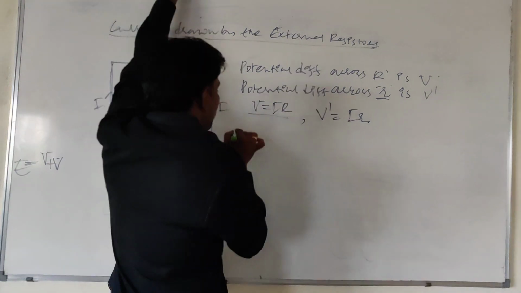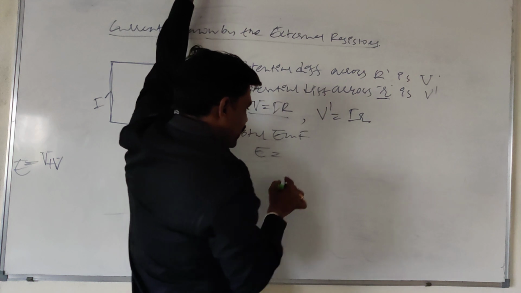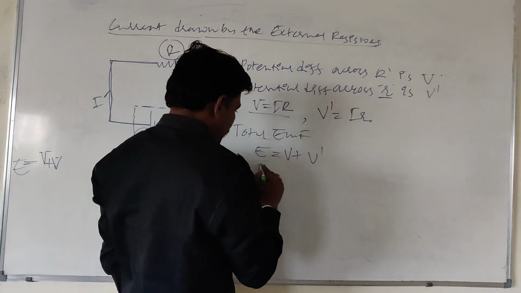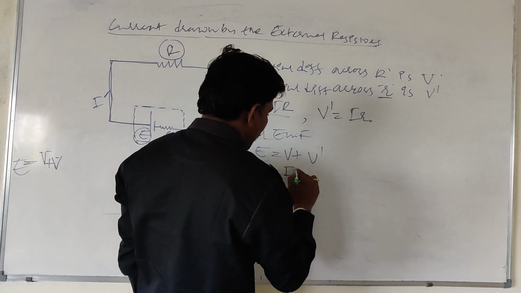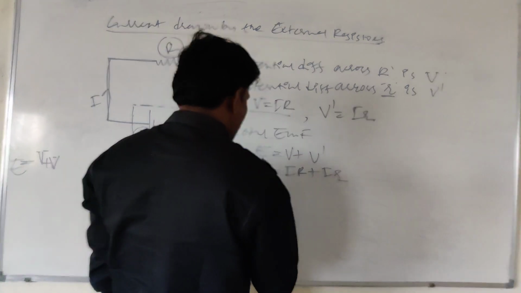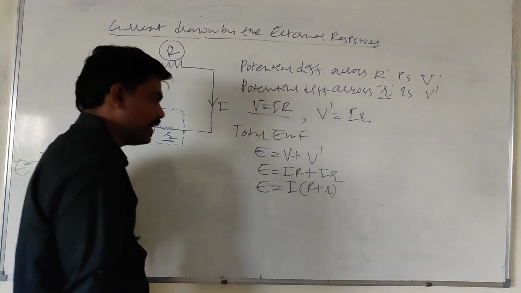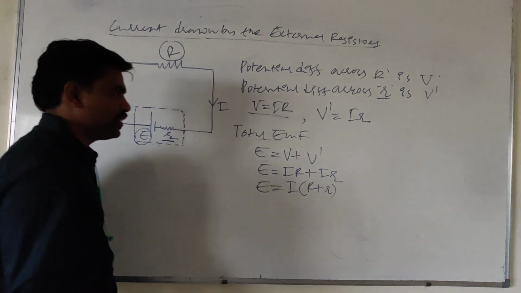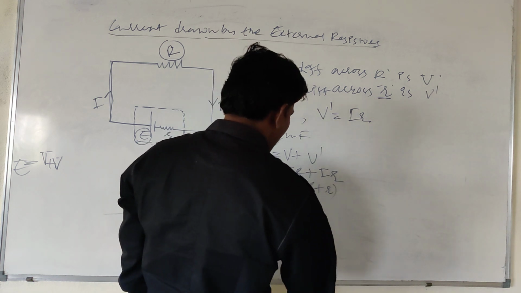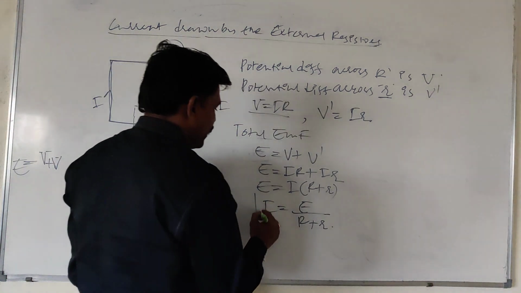Once again, total EMF E is equal to V plus V dash, that is E is equal to IR plus I small r. So I is equal to E divided by R plus r.